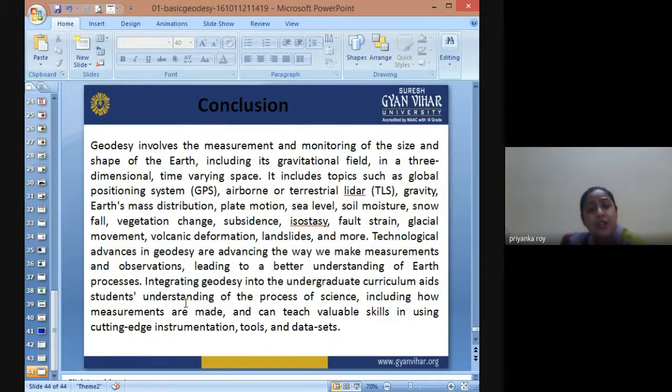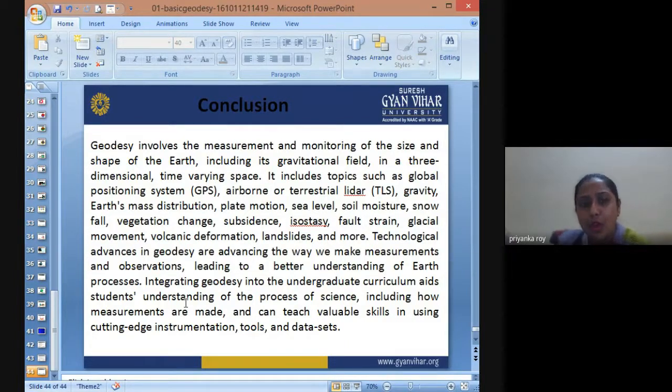Integrating geodesy aids student understanding, you guys understanding the process of science. It includes how measurements are made and can teach valuable skills in using cutting-edge instruments and tools and data sets like GIS platforms.